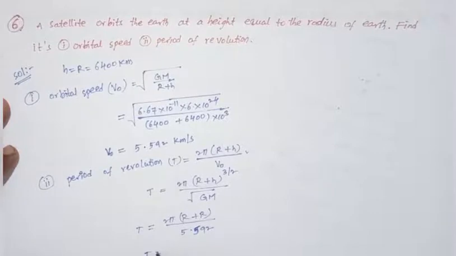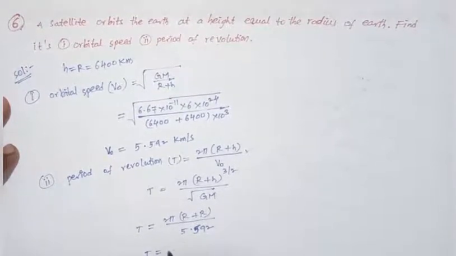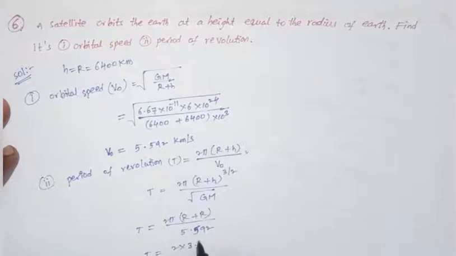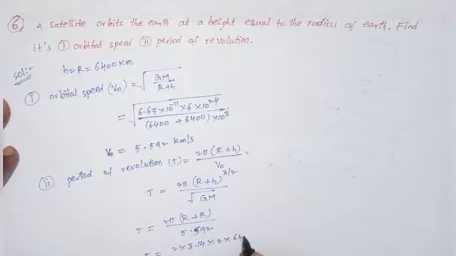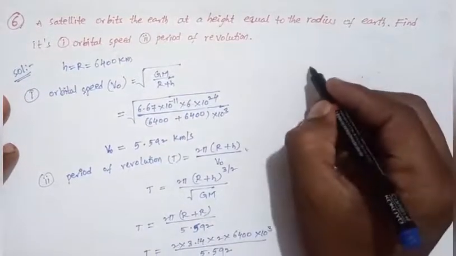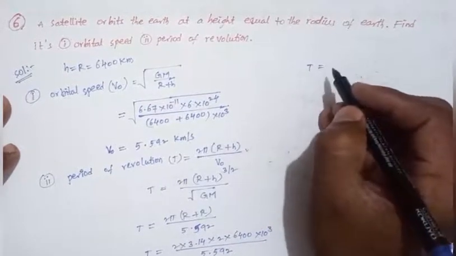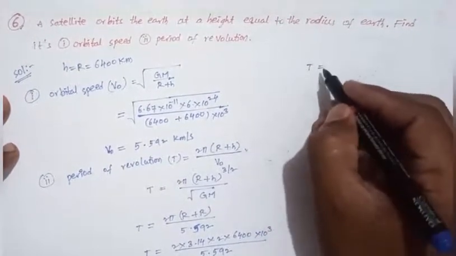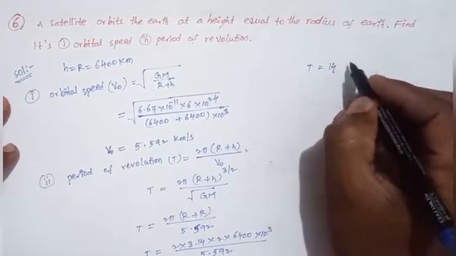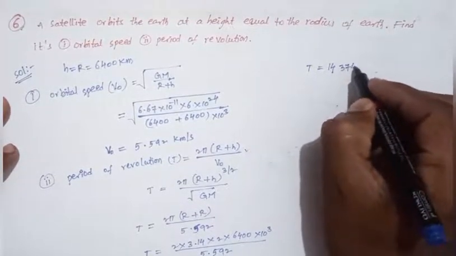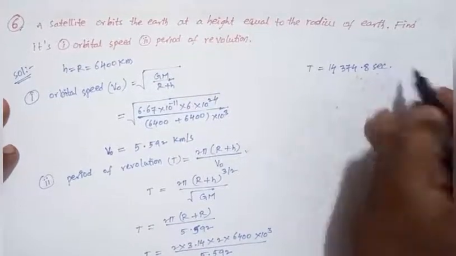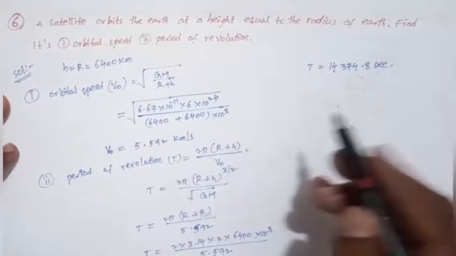Okay, so this T equals 2 into 3.14 into 2 into 6400 into 10 power 3 divided by 5.592. Okay, so then T equals, these are in seconds, 14,374.8 seconds. It is converted to hours.